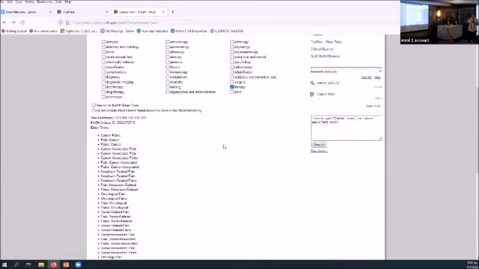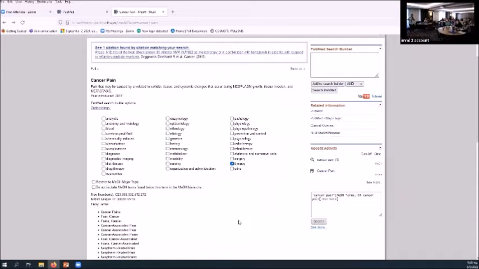We can narrow it down, yeah? Maybe you are too broad, and I don't know why it has retrieved just 2,000. There's probably something in the builder, because cancer pain, yesterday evening when we searched, retrieved 701,000 articles. So I don't think we did something wrong there.